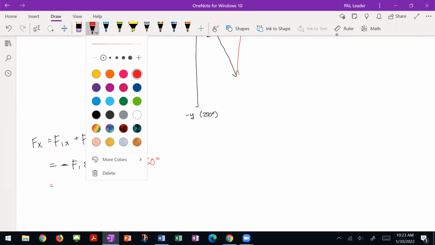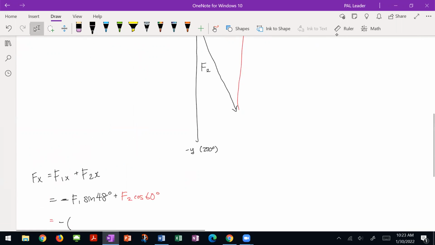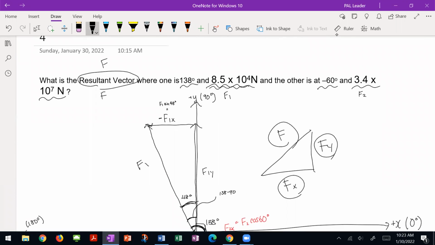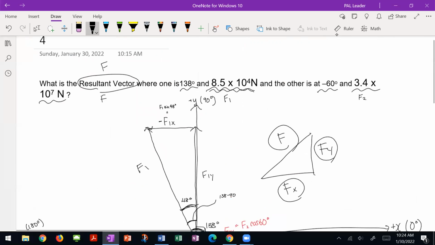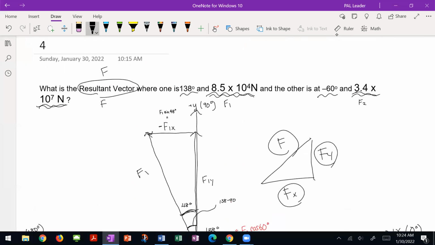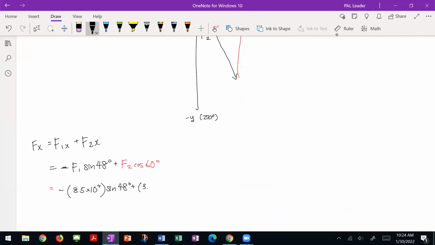Okay, negative F1 was 8.5 times 10 to the power of 4, so negative 8.5 times 10 to the power of 4 sine 48, and F2 was 3.4 times 10 to the power of 7, 3.4 times 10 to the 7 cosine 60. Is that correct? I think it is.